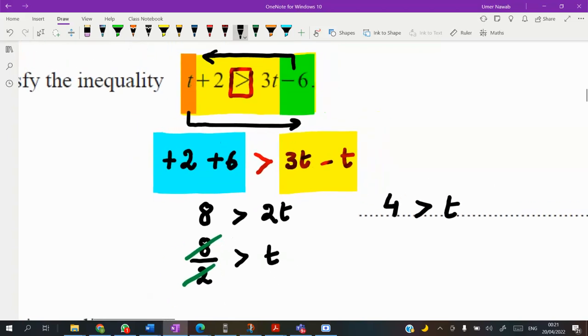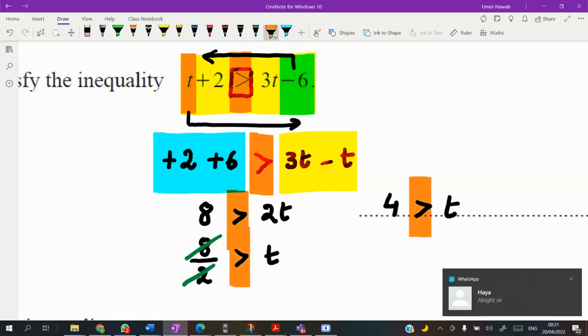So throughout the question, you can see I didn't change the sign of the inequality. It stays as it is, and I will try to keep it that way.